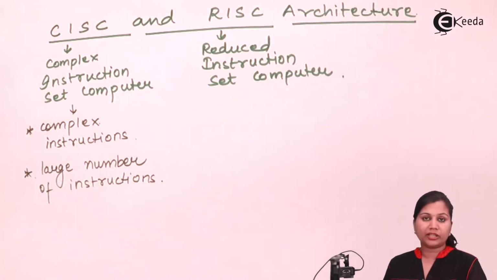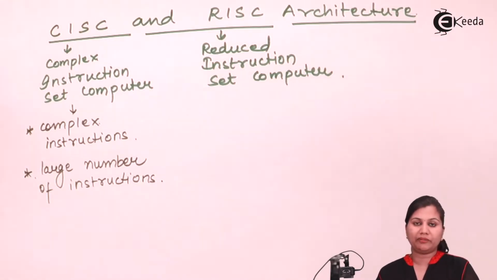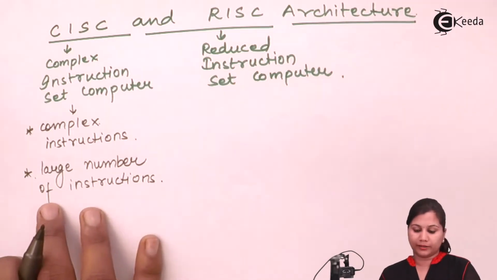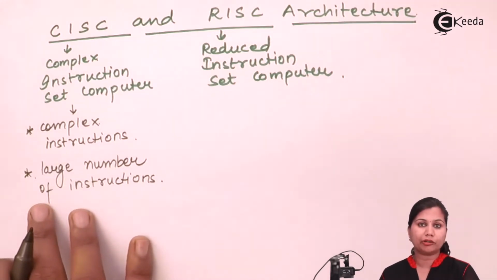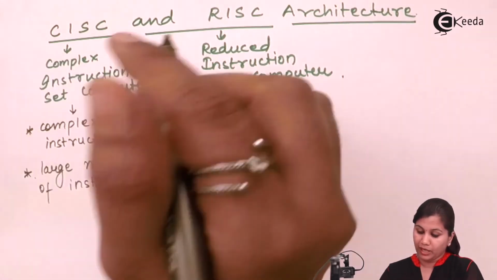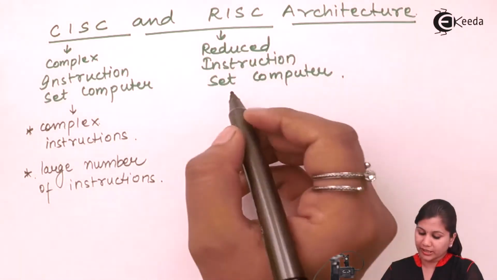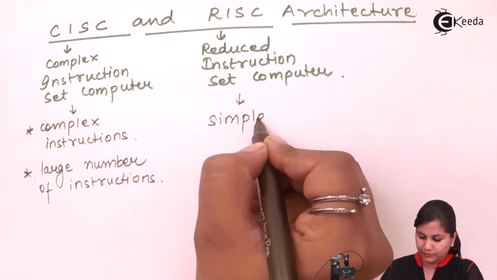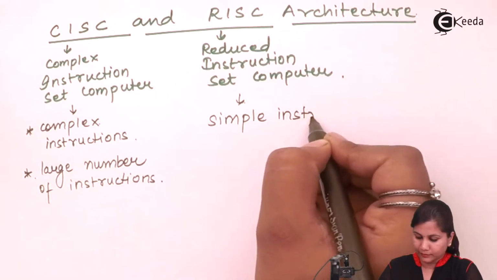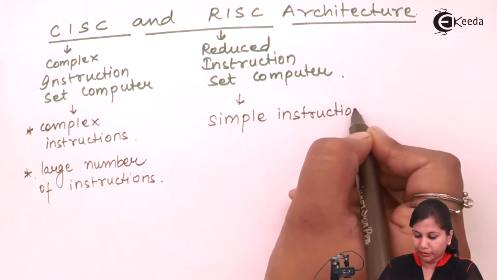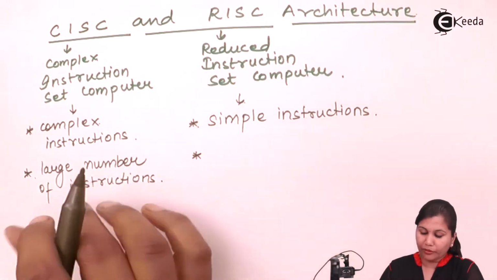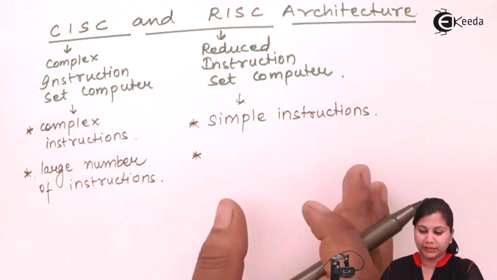Now if there are complex instructions, it will be very difficult for the user to understand them, and also difficult for the processor to execute them. In the reduced instruction set computers, there are simple instructions which can be easily remembered and used by the users, and the number of instructions is also less.